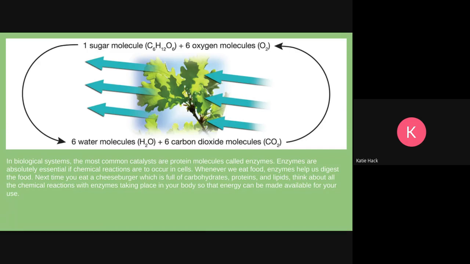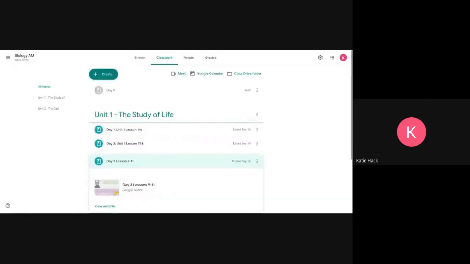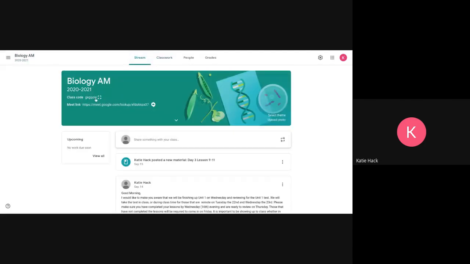Hold on. Y'all are texting me. Let me look and read it. I'm fine. Yeah, let me get that code for you. Here is the Google Classroom. Here is the Google code.